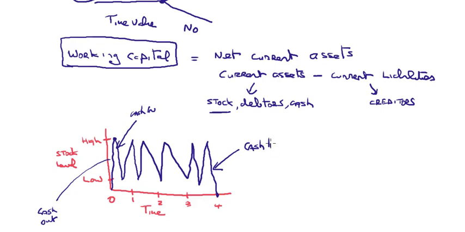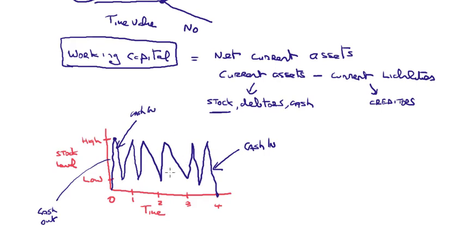Now, as a simplification, when we're doing our calculations in project appraisal techniques, we look at the first time we invest in stock, a certain level of stock, and we say that's cash out. And we ignore everything in between, the ups and downs in our stock level, unless at some stage we say, well, we're actually going to stock up even more for some reason, well, then it'll be more cash out.